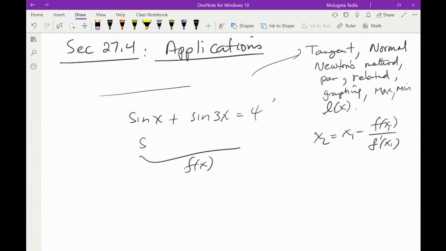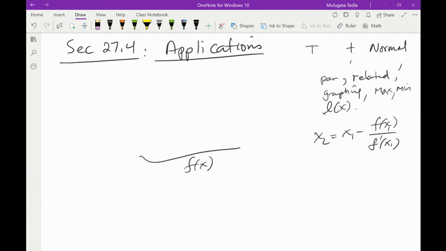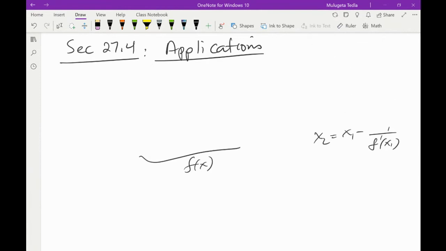So all the applications that we have done before with the derivative still come up in this section with trigonometric functions. That's all I can say.